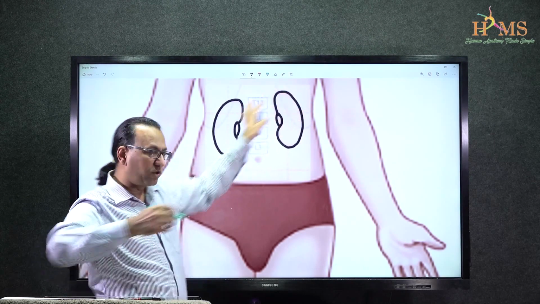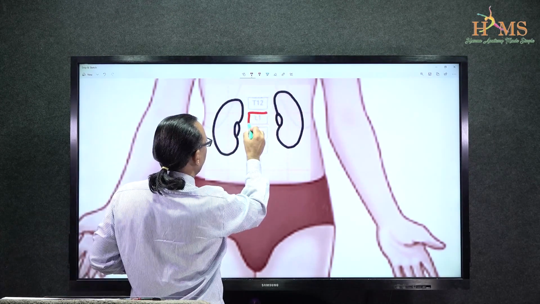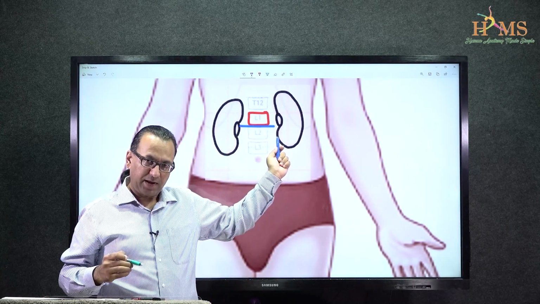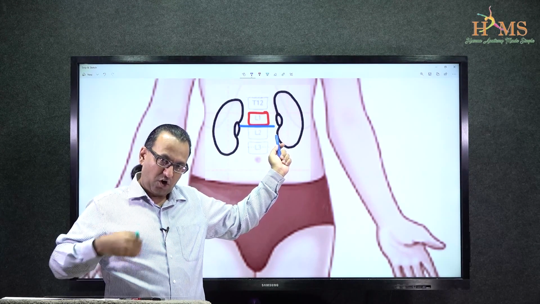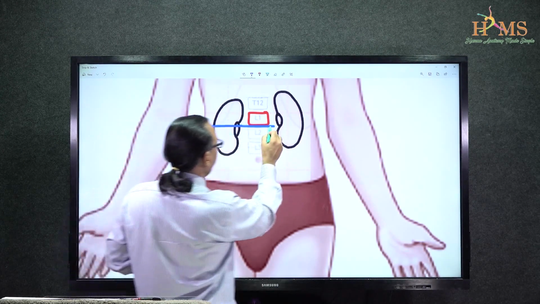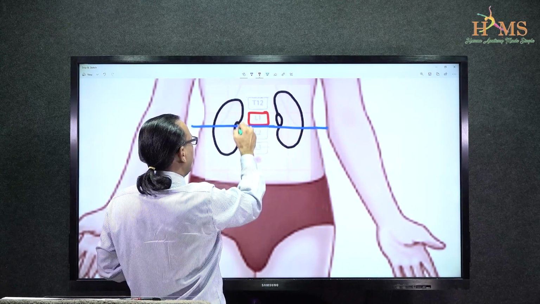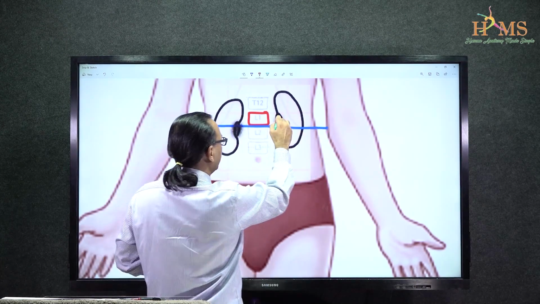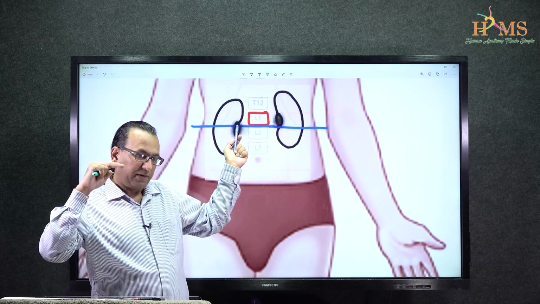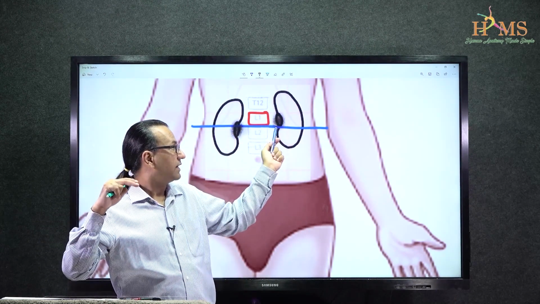You can see one more thing here. L1 vertebra, the lower border, is the transpyloric plane. That is where we see the pylorus of the stomach. And this transpyloric plane is going to cross the hilum of each kidney. You can notice it is touching the hilum of the right kidney at the upper level and the left kidney at a lower level.